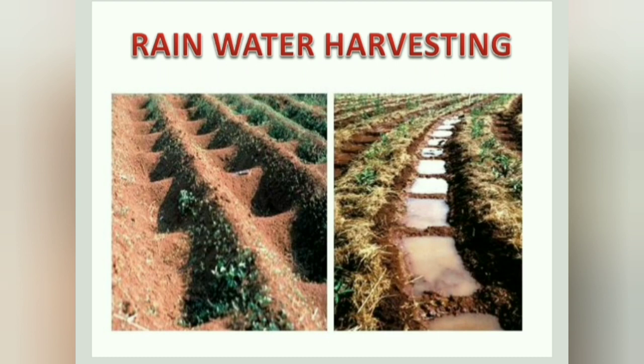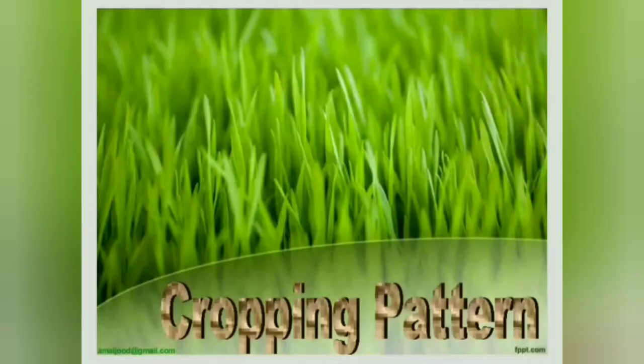One of the structures you are seeing in this image where ridges and furrows are made, water is made to stagnate in that depression. Then easily the water may percolate into the ground and the water will get stored in the ground. So it will enhance the groundwater level. So this is a sort of rainwater harvesting which we follow in the farm.